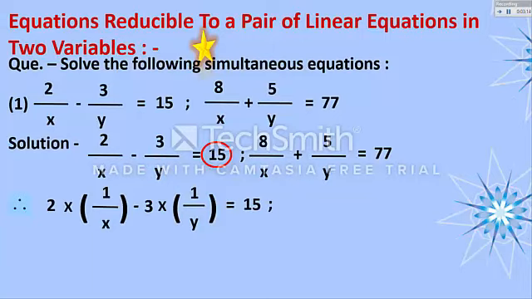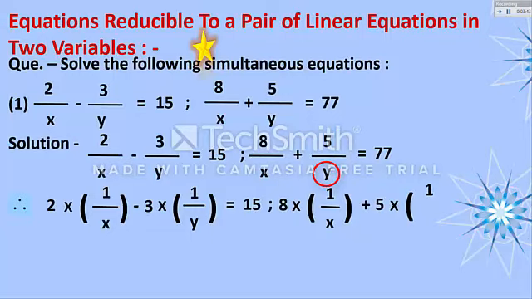Then another equation we convert in this form: 8 into 1 divided by x plus 5 into 1 divided by y is equal to 77.